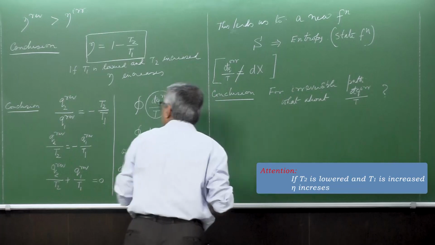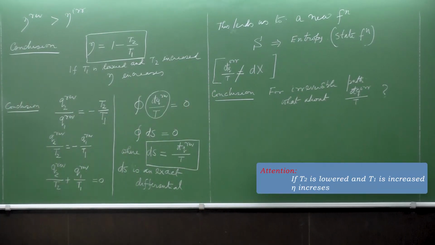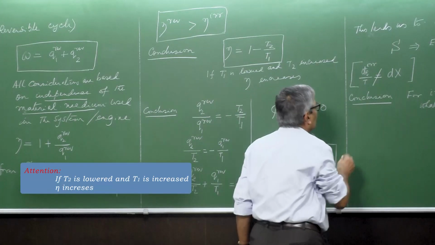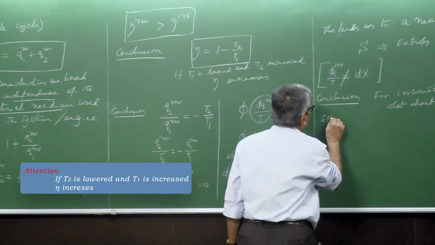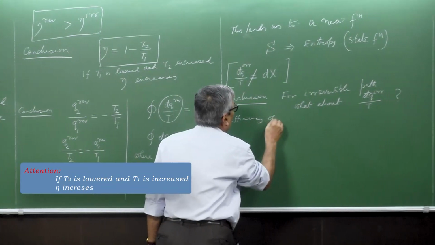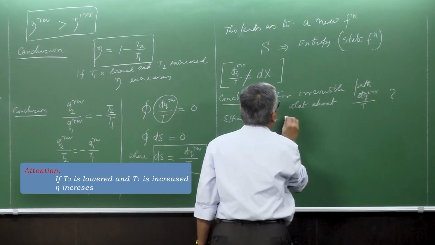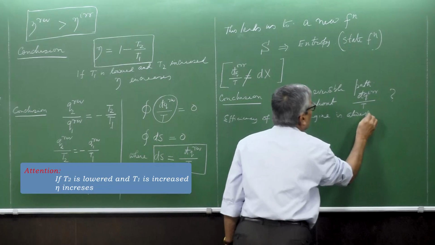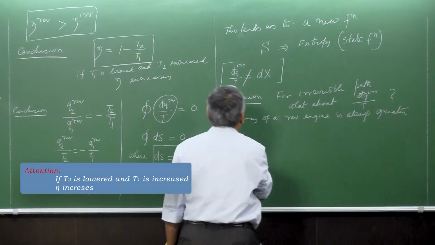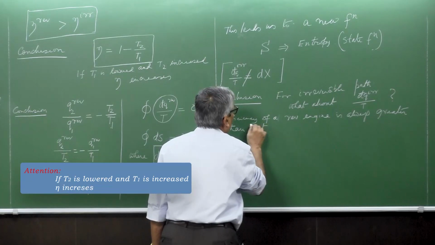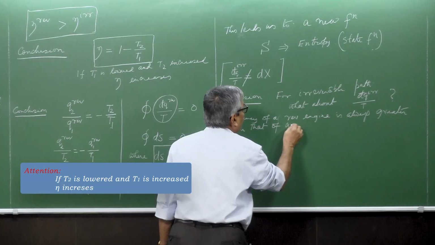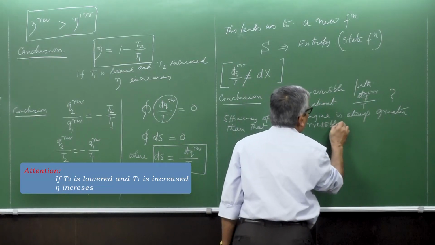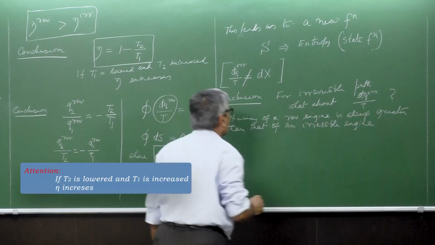So this is the following. We again start from the Carnot theorem, that tells us that we know that the efficiency of a reversible engine is always greater than that of an irreversible engine.